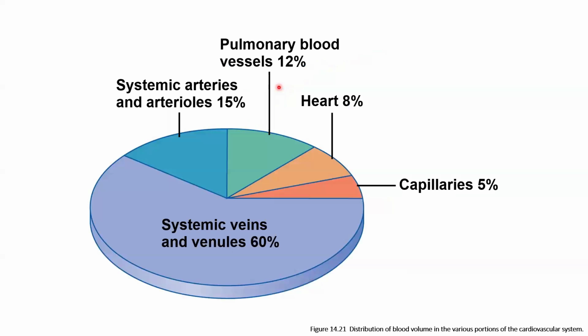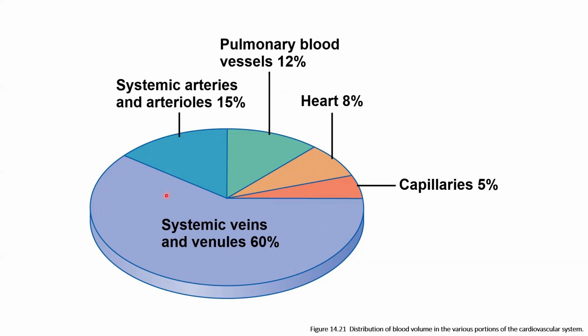or compliant. Now, looking at the overall distribution of blood volume in different parts of the body, so 60%, and this is at rest, right? Obviously, we're going to have some diversion and shunting of blood with exertion, but at rest, 60% of that volume is sitting in your venules and veins, about 15% in your arteries and arterioles, about 12% in your pulmonary capillaries and vessels, and then the heart has about 8%, capillaries about 5%.